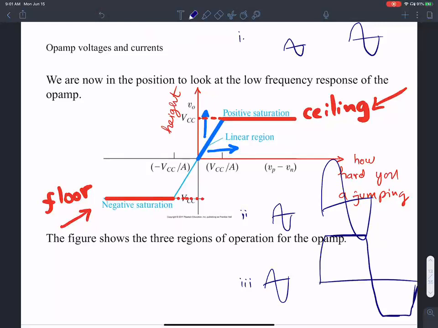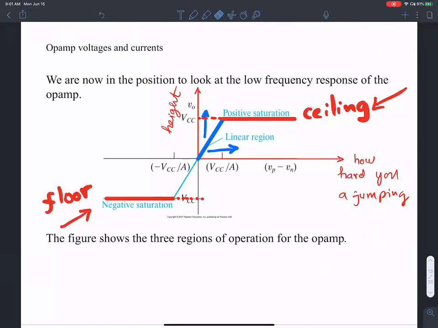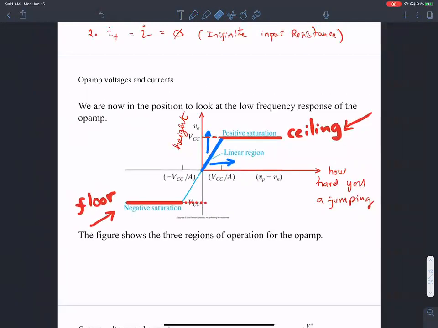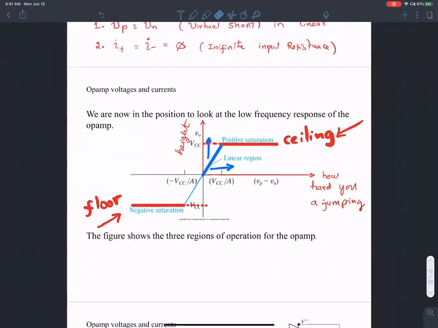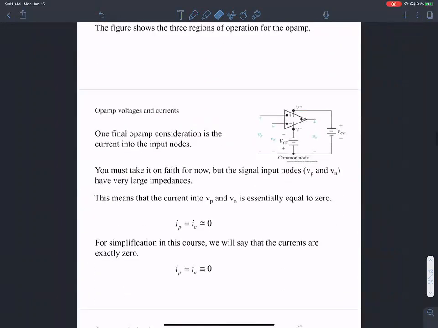So that's the idea of saturation. Three regions of operation for an operational amplifier.